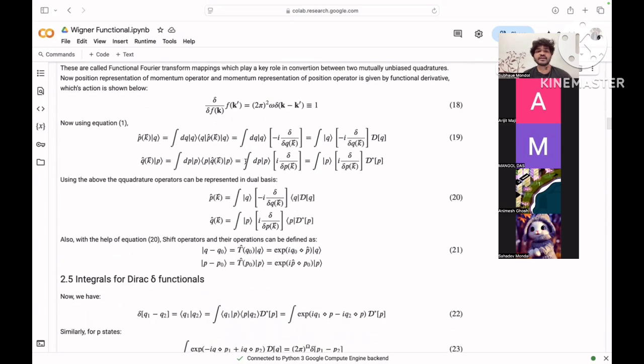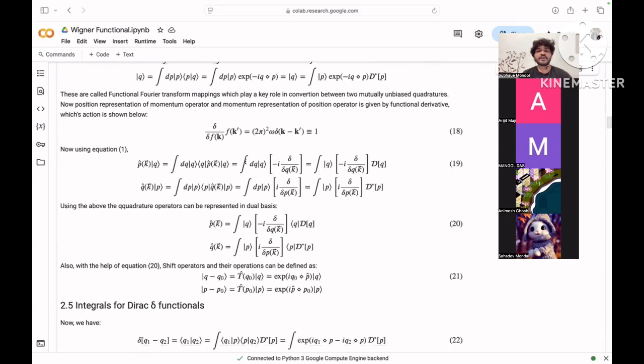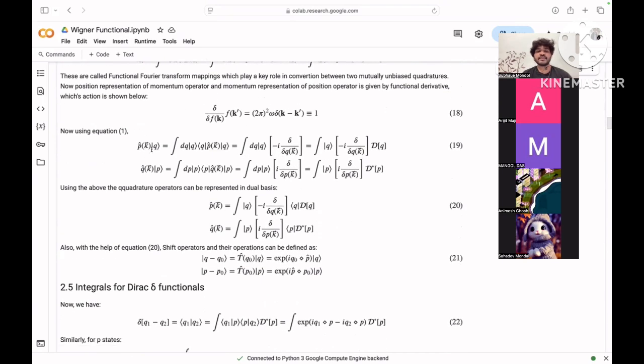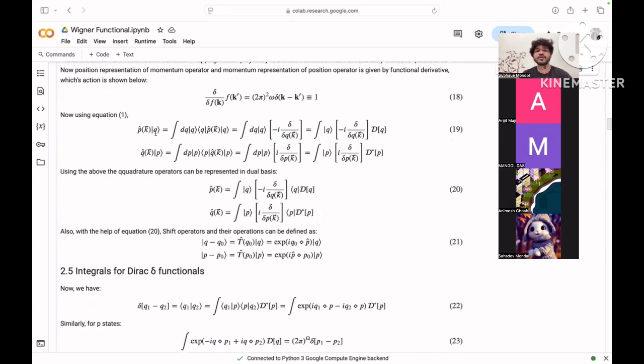Now using this equation and the definition of the quadrature operators, we can calculate the action of the quadrature operators. In order to find the representation, we can act the P operator on the Q state and the Q operator on the P state, and we get a result like this.